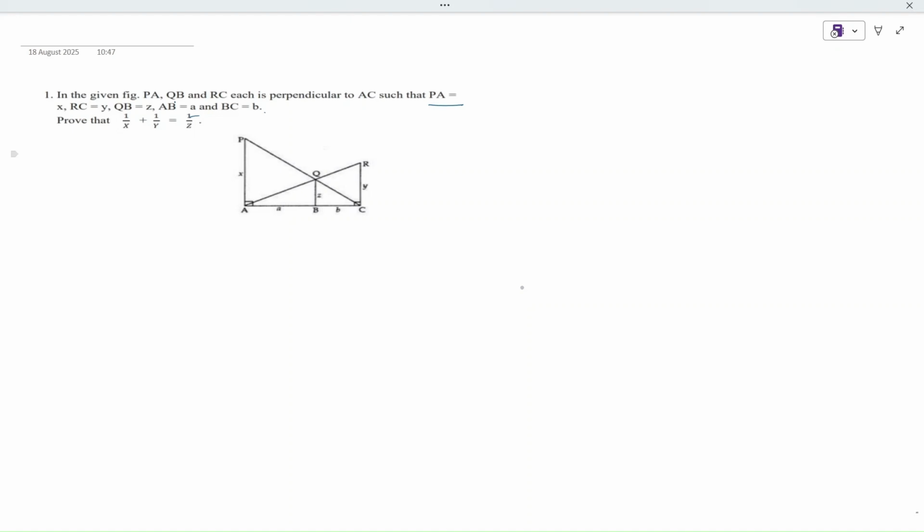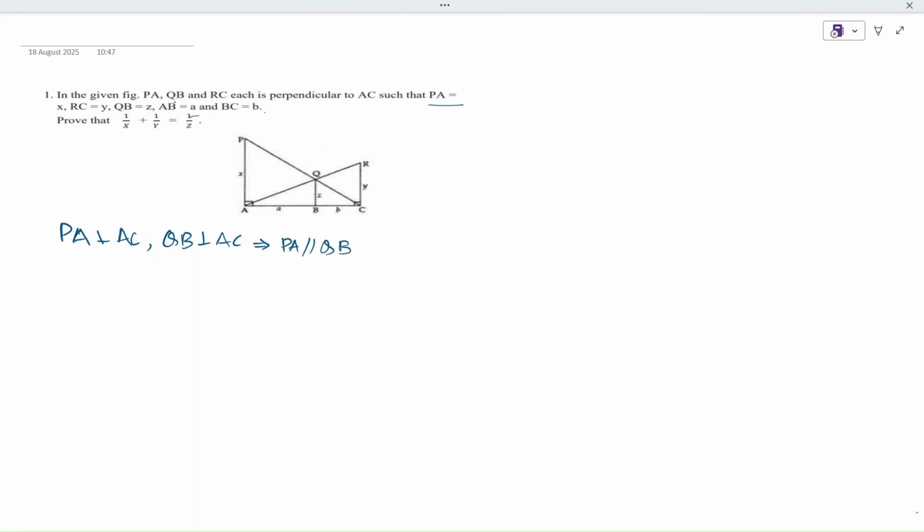Since it is given that PA perpendicular to AC, QB perpendicular to AC. So this implies PA parallel to QB.